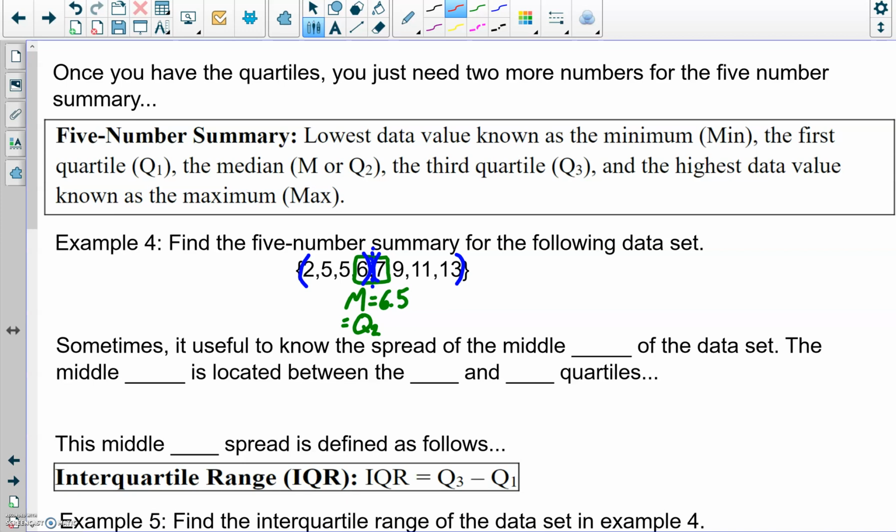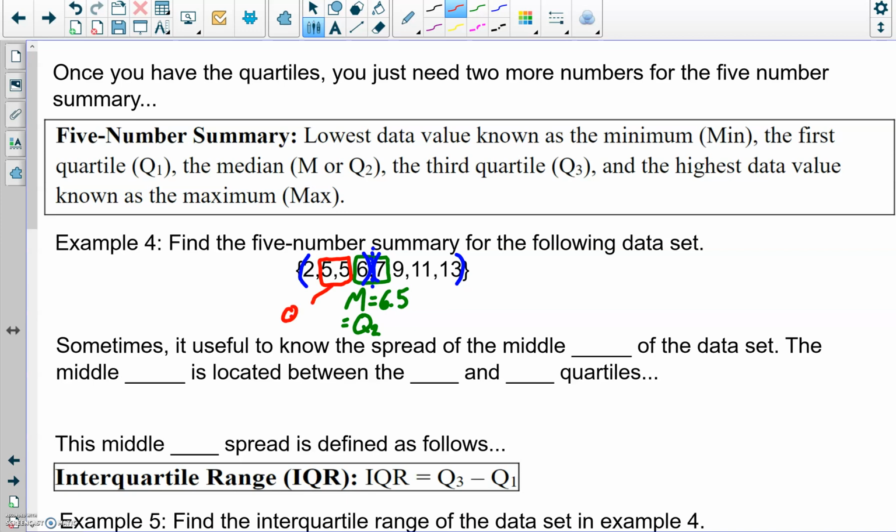But at any rate, when you have the median in between, or you have an even amount of data values in the data set, you give one of the ones used to find the median to one side and the other one to the other side. And then looking here, we again have 2 values in the middle for the first quartile.